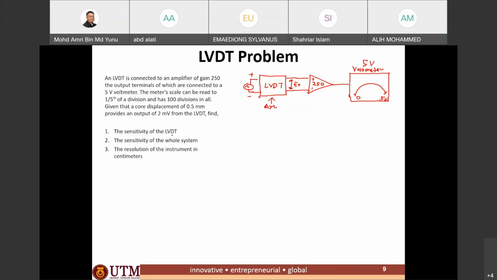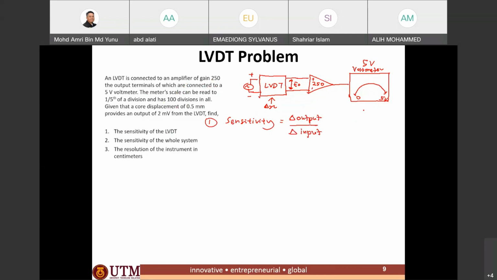So first we find the sensitivity of the LVDT. So sensitivity, number 1, is equivalent to the change of output over change of input. So here it only gives one point.